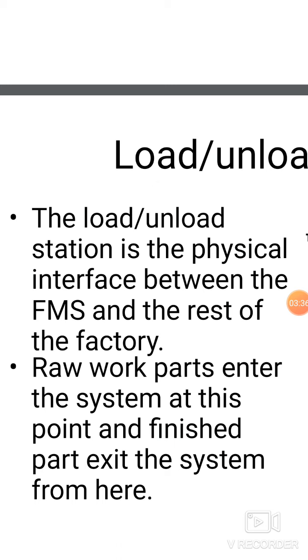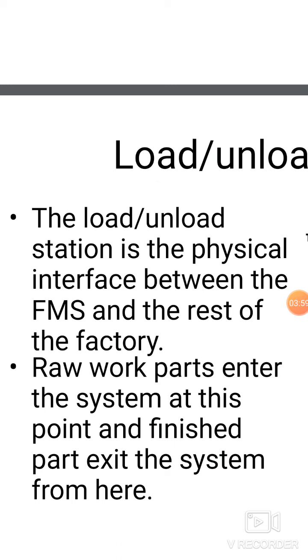That is called loading and unloading. It is the physical interface between the FMS machine and the rest of the factory.